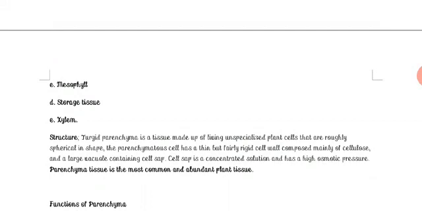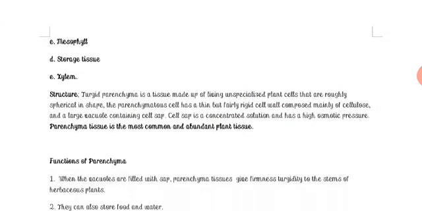Turgid parenchyma is a tissue made up of living unspecialized plant cells that are roughly spherical in shape. The parenchymatous cells have a thin but fairly rigid cell wall, composed mainly of cellulose, and a large vacuole containing cell sap. Cell sap is a concentrated solution and has a high osmotic pressure.